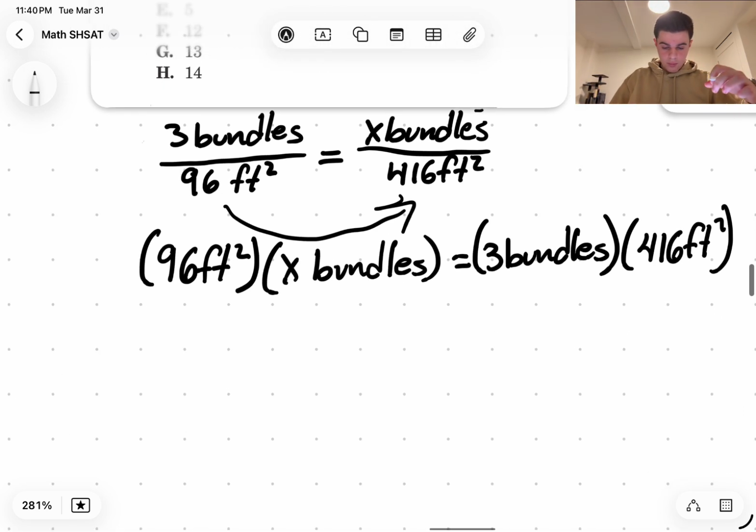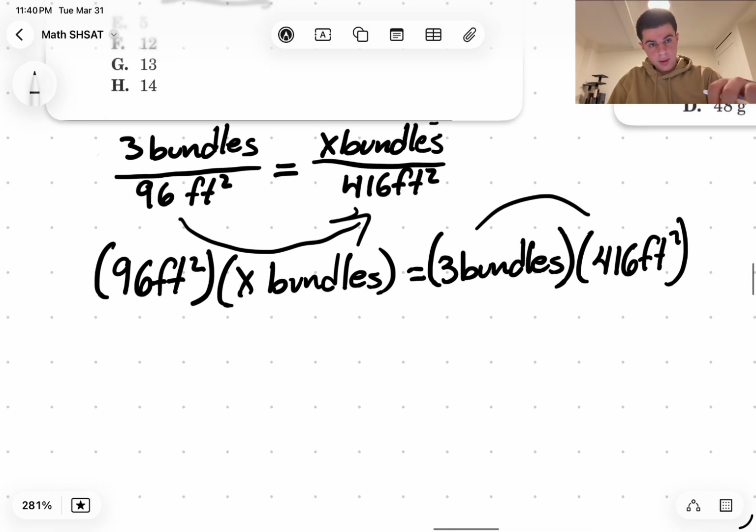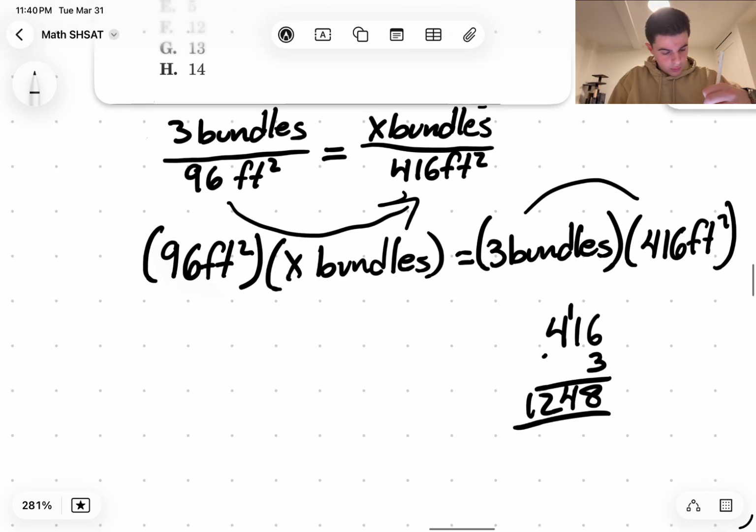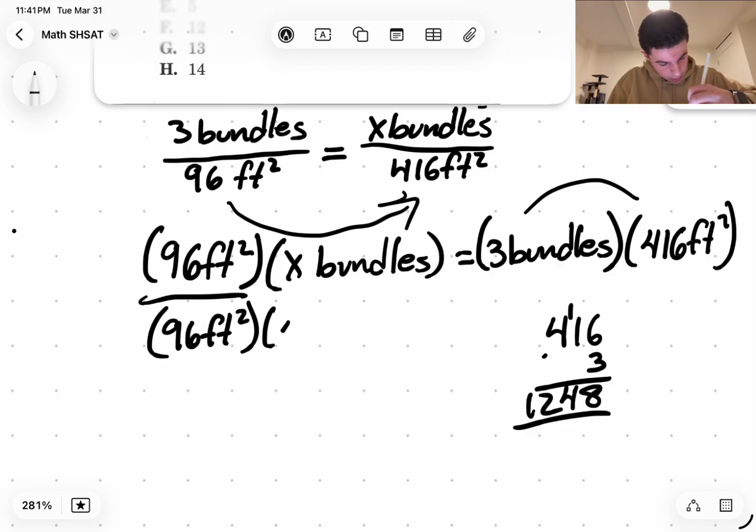So what we can do here is multiply 416 times 3, right? So we get 416 times 3: 3 times 6 is 18, carry the 1, 3 times 1 is 3 plus 1 is 4, 12. So that's the amount we have. And we know that this is 96, so now we can do our long division to isolate for X. So let's rewrite this: 96 feet squared times X bundles.